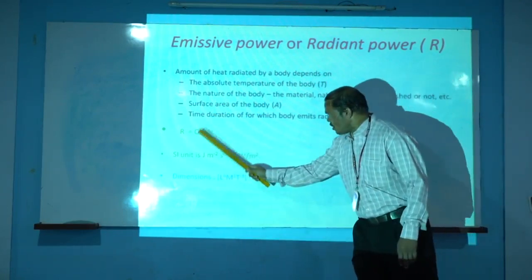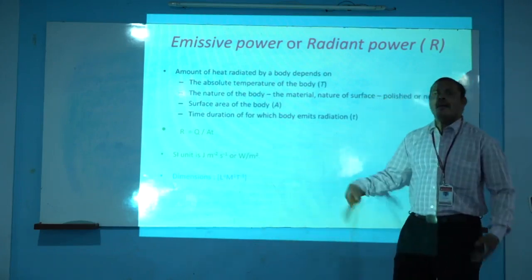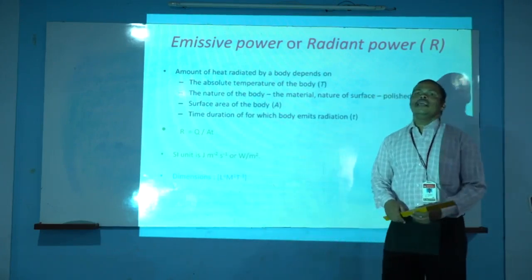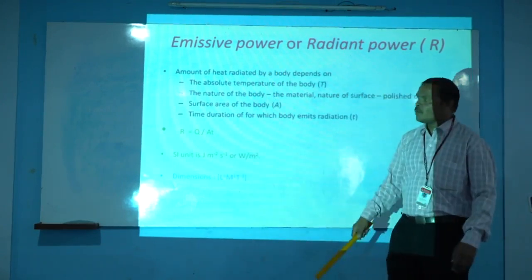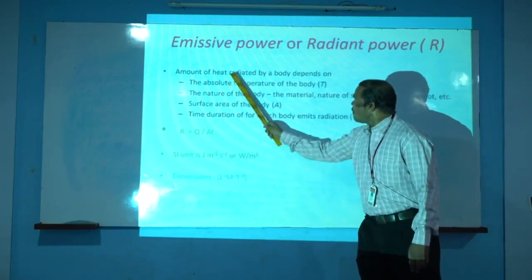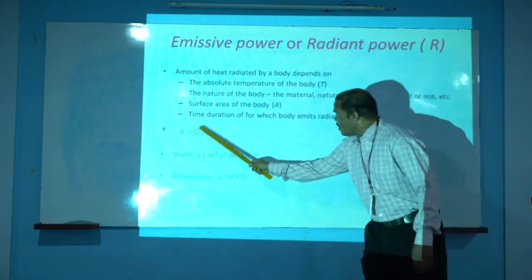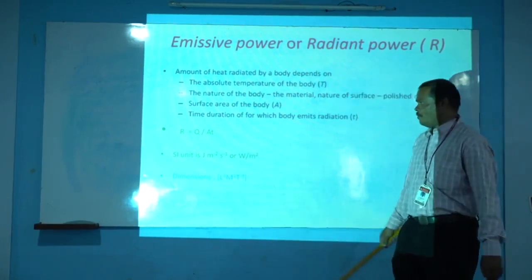If we take the ratio Q upon t, then it gives the rate of emission, that is, the amount of heat emitted per unit time, and Q upon At represents the amount of heat radiated per unit surface area per unit time.